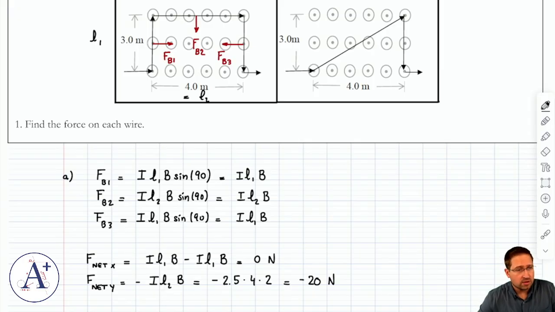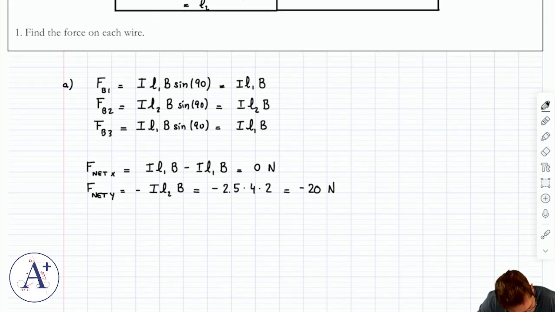All right. And so the net force, if I want to write it as a vector, is going to point downward, so minus 20 y hat, and then Newton for the unit.